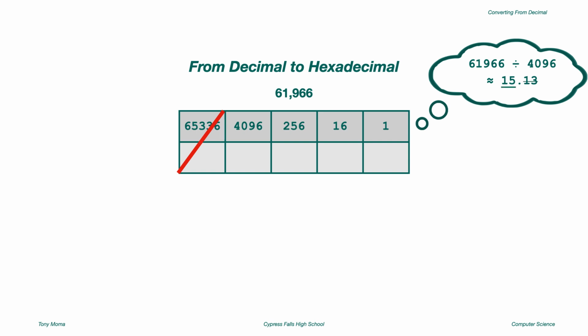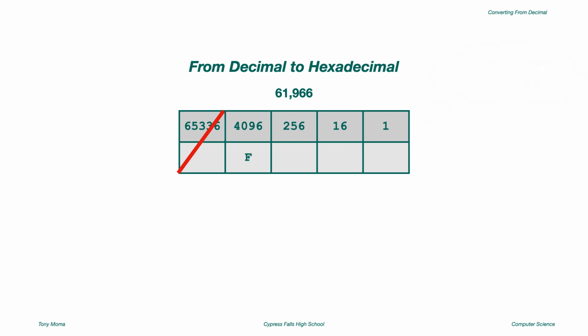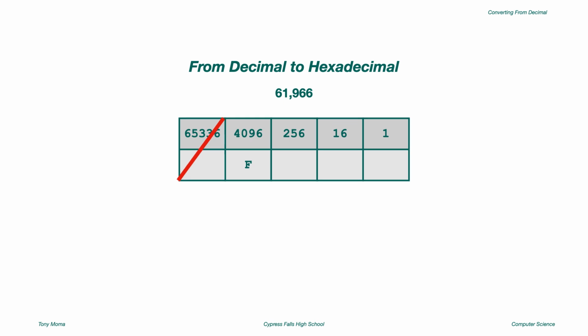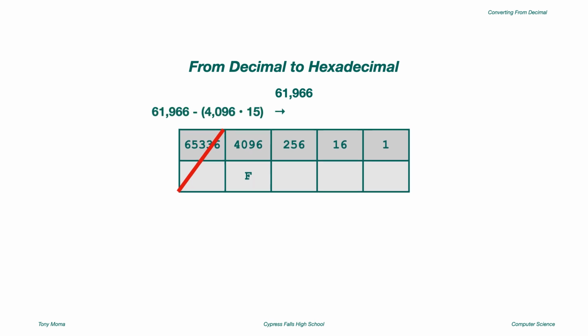Ignore the numbers after the decimal point. Focus just on the numbers before the decimal point. We got 15, a 2-digit number. The letter F in hexadecimal represents 15, so F goes on the table. Multiply the top row by the bottom row. We get 4,096 times 15, which equals 61,440. Subtract that from 61,966, and we're left with 526.